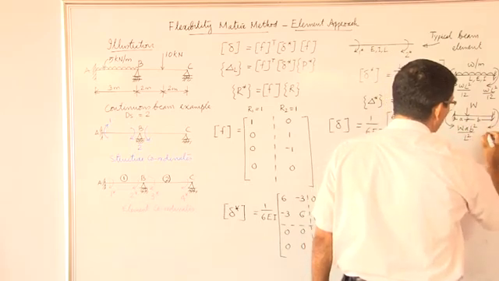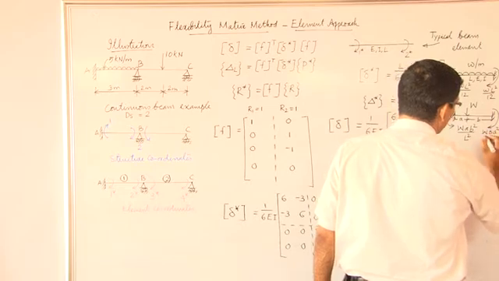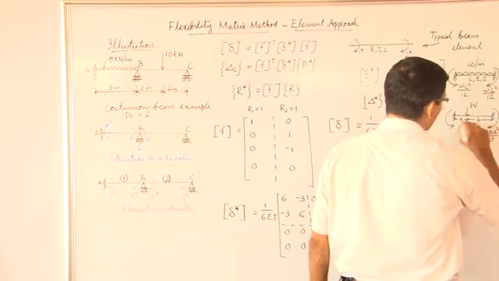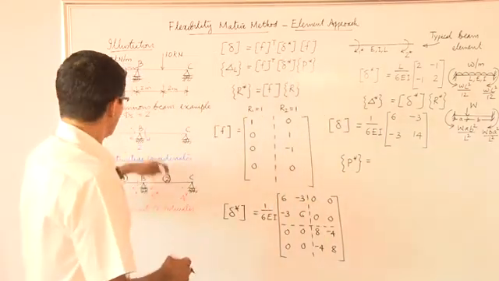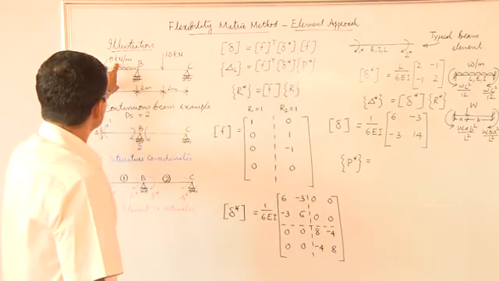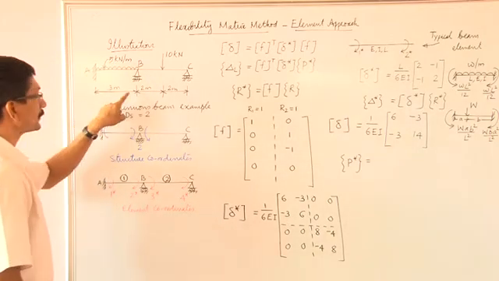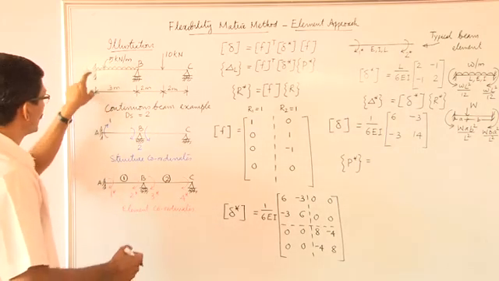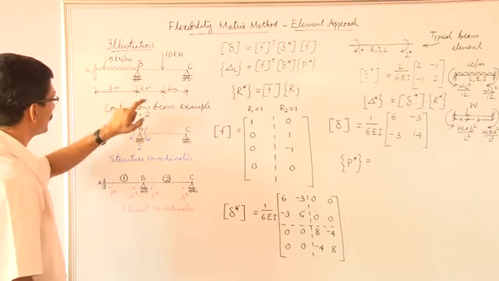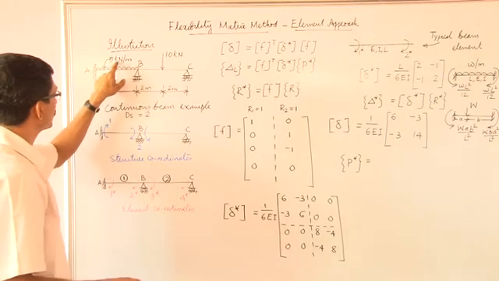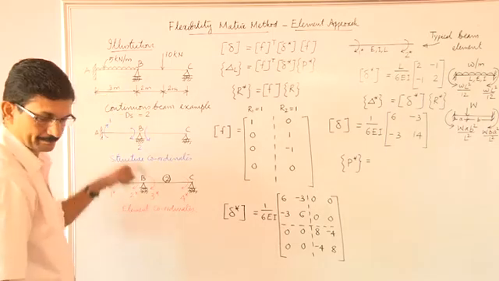This moment is equal to W B A square divided by L square, where L is equal to A plus B. So we follow that over here. Now, due to this load 5 kN per meter, we have 5 into 3 square divided by 12 as anti-clockwise on this end, and on the other end we have clockwise 5 into 3 square divided by 12.